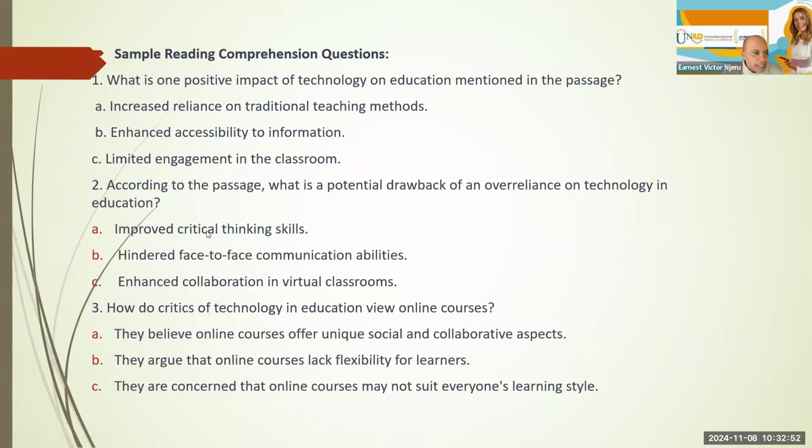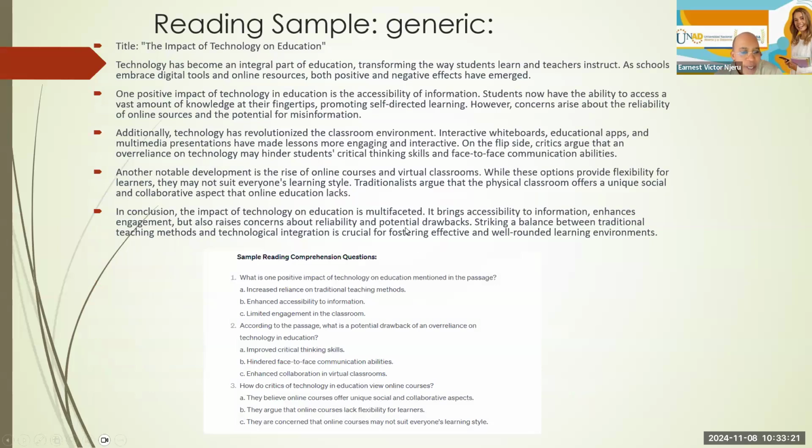The second question says, according to the passage, what is a potential drawback of an over reliance on technology in education? It could be one of the negative things of so much reliance on technology. Improved critical thinking skills, hindered face-to-face communication abilities, enhanced collaboration in virtual classrooms. So let us go back to the text again.